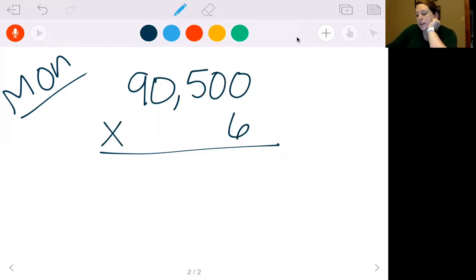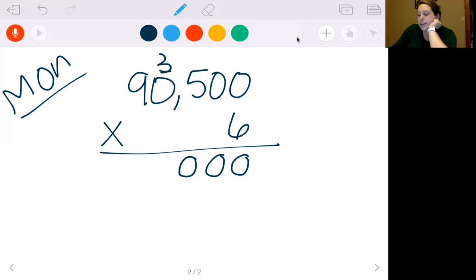So we start with 6, go right above it in the 1s column. 6 times 0 is 0. Then we do 6 times the next number, which is 0. 6 times 0 is 0. Then I come to 6 times 5. It's 30, so I'm going to put my 0 and carry my 3.